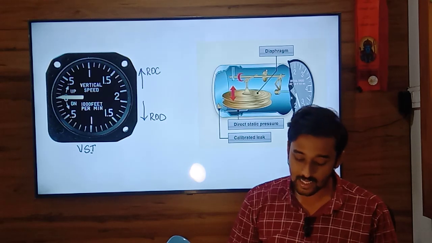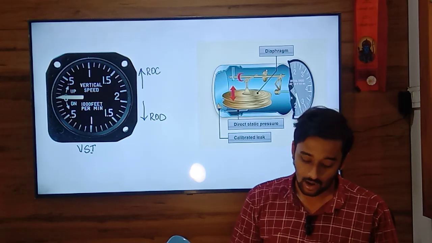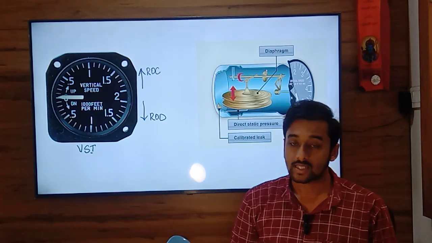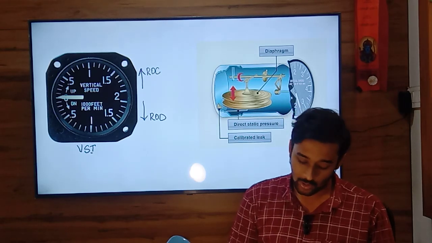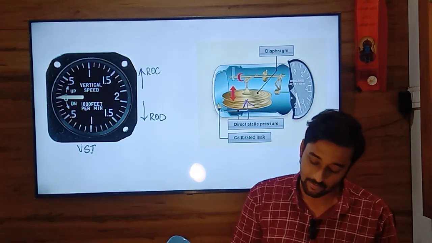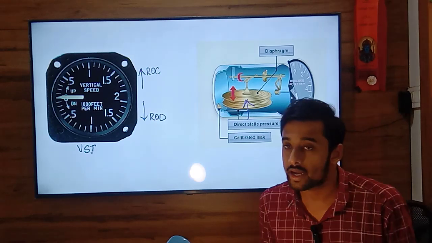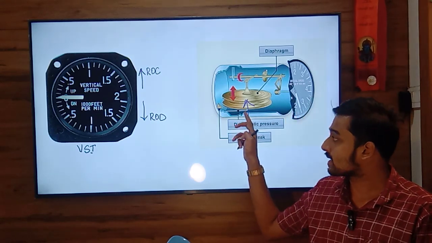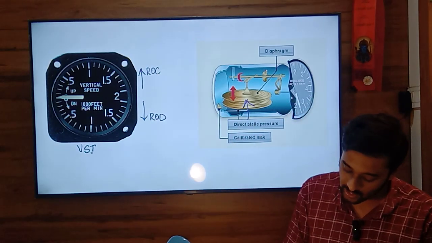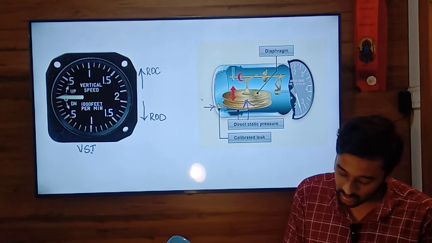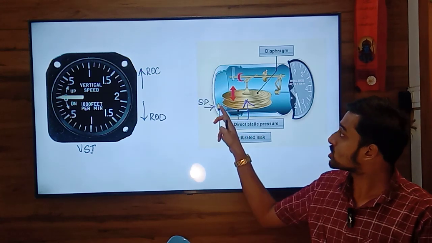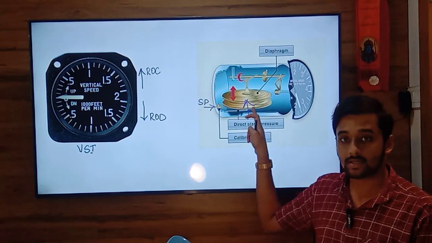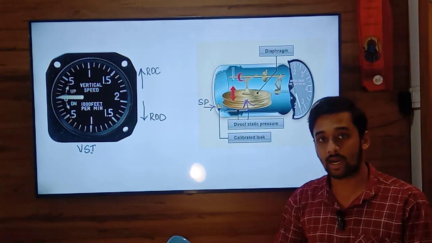Now this is the back side of your VSI. In VSI we have static pressure going into your aneroid capsule directly. And then we also have static pressure going inside the instrument case, which is surrounding this aneroid capsule.